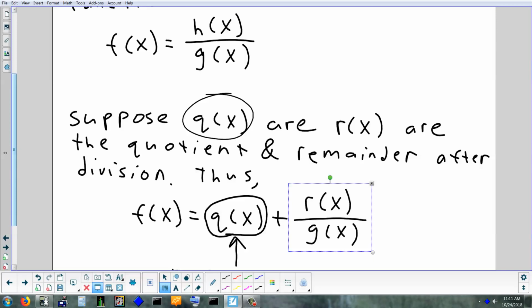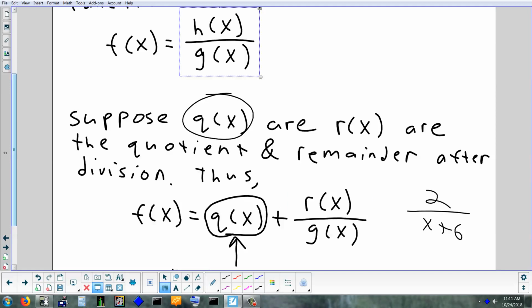Well, think about if your remainder was a number like 2, and your original divisor, let's pretend g of x, was x plus 6. Well, this part doesn't matter, because think about what would happen as x gets bigger and bigger. Let's pretend x is 1,000,000.